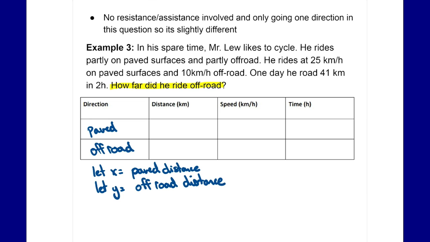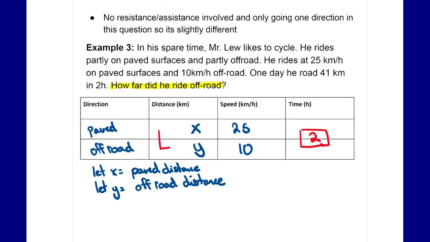So distance for the paved, we have x. Distance for off-road, we're going to have y. Speed, we know for paved surfaces it's 25 kilometers per hour. We know for off-road it is 10. And for the time in total, this is going to be a little bit different because we only know the total time, which is 2 hours.